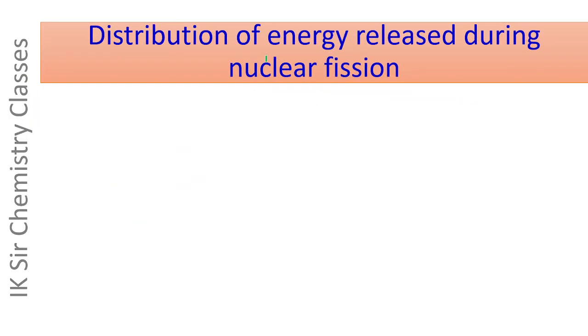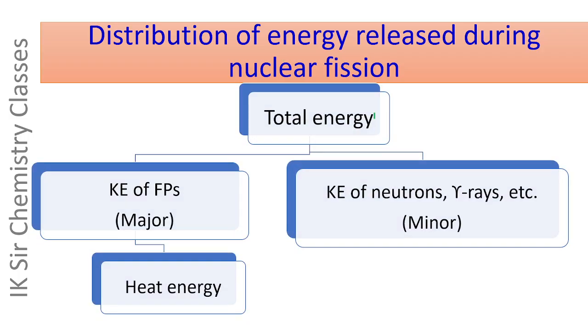And now let us see the energy released during nuclear fission is shared among which type of particles. This is the total energy released during nuclear fission, which may be 205 mega electron volt or somewhat different.